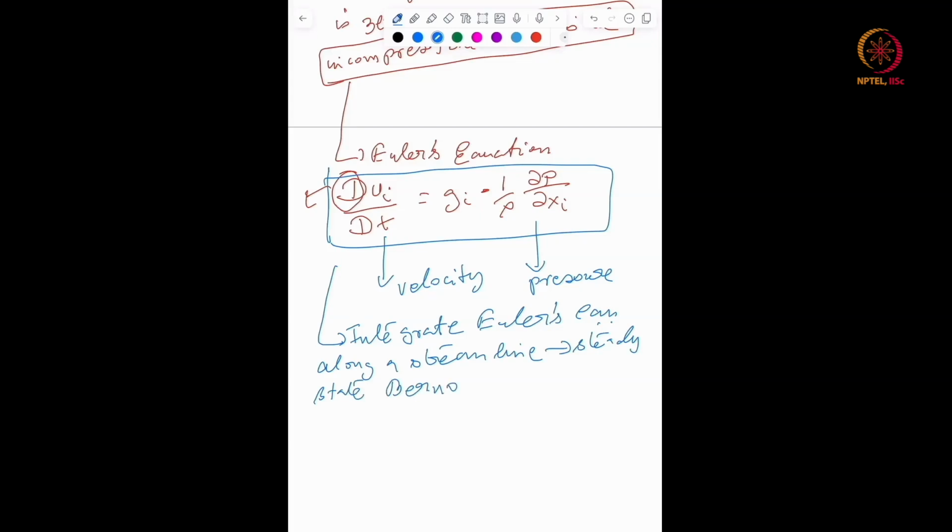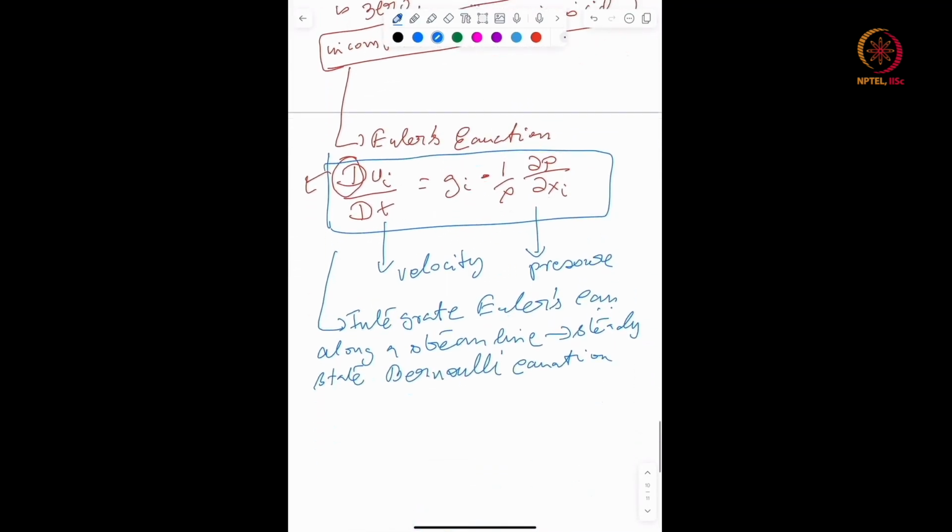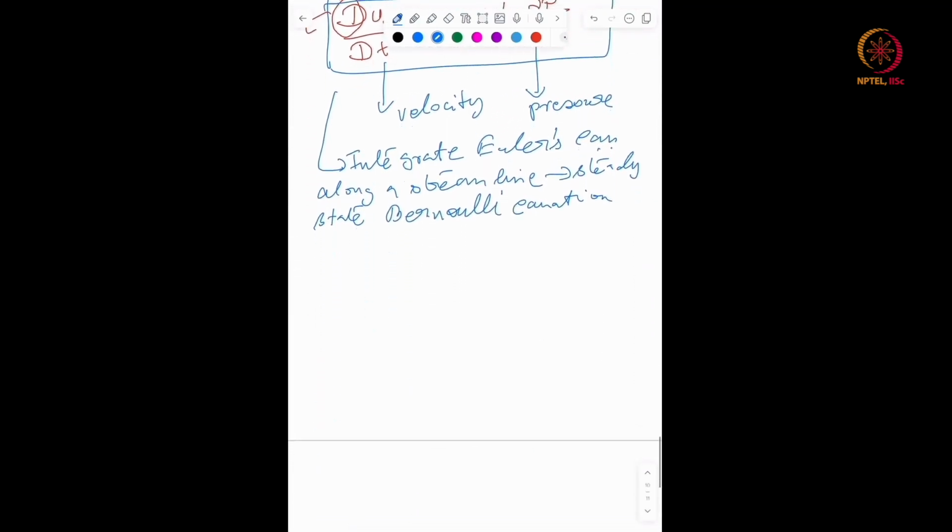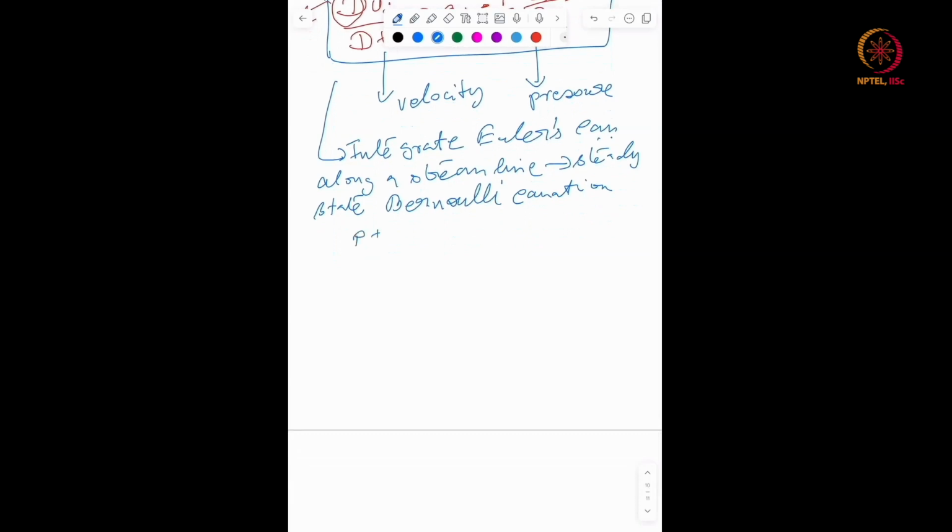This is routinely used in many applications. So this is an algebraic expression which relates pressure plus half rho u squared plus rho g z equal to a constant. So you can see that this is an algebraic expression.